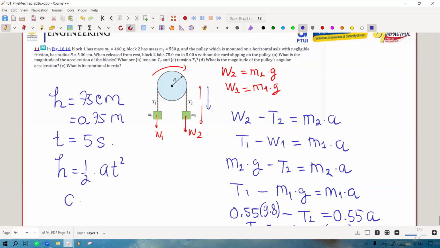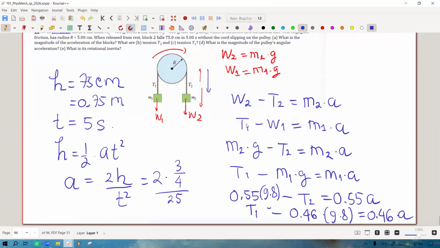So we get A equal to 2 times H divided by T squared, which is 2 times 0.75 over 25. This is 1.5 divided by 25.